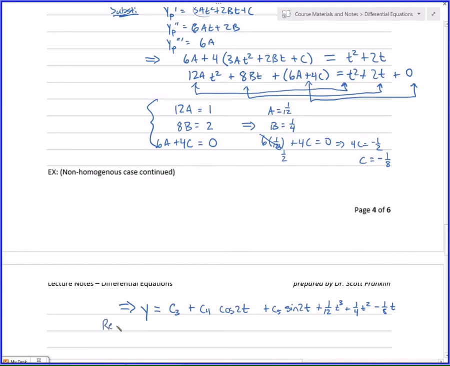And recall, I'm just going to write it down so we have it here. X is C1 cosine of 2t plus C2 sine of 2t minus 1/4 t squared plus 1/8.